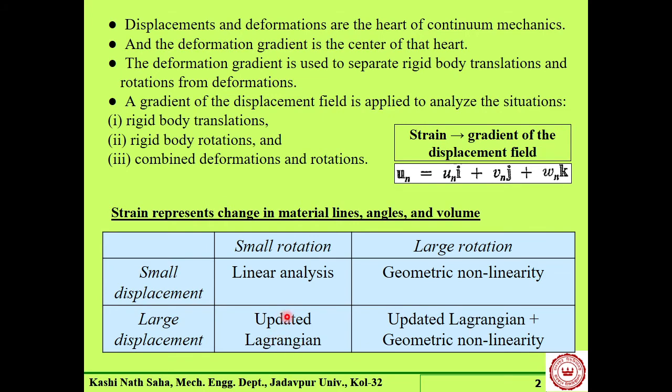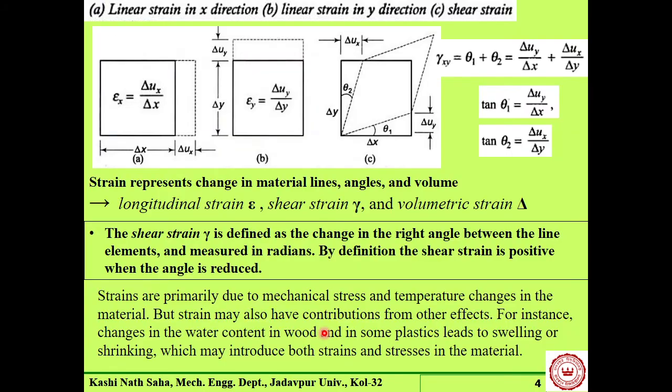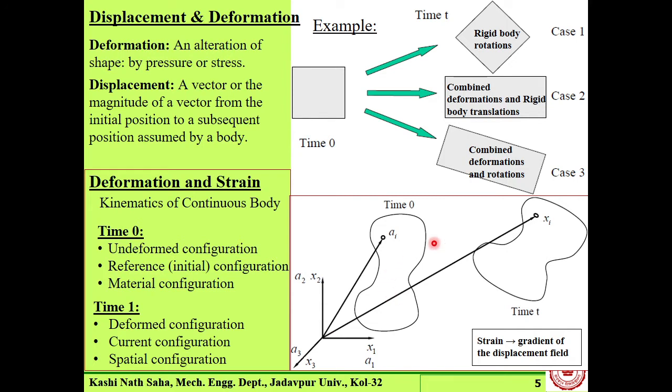As updated Lagrangian is written here, it means the total deformation process, say from time 0 to time n, is decomposed into n parts. T0 to T1, T1 to T2. That way, if we progress, then starting from this configuration, we come to the second configuration.